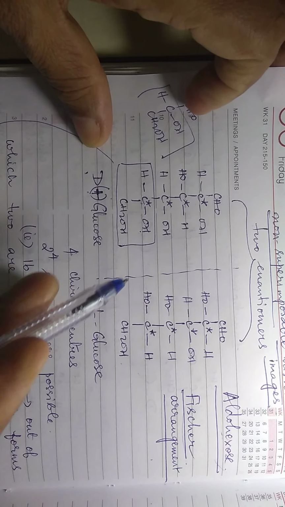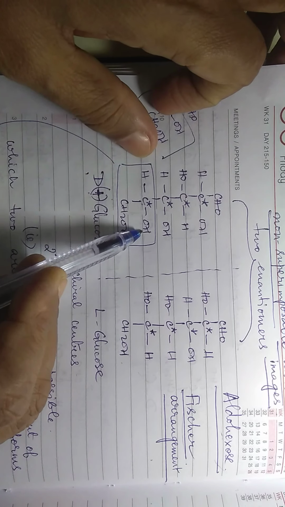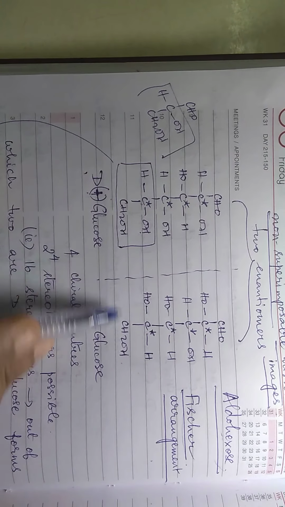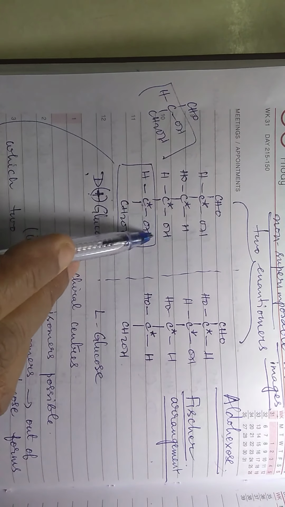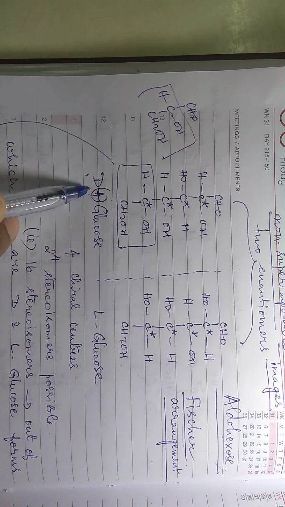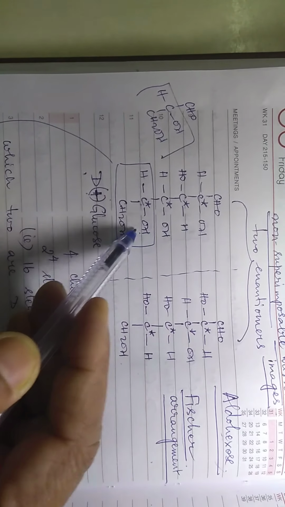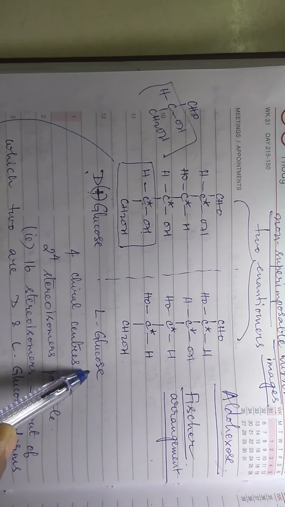There is no D minus glucose. Okay, if you write it as D minus, then only this OH will be on the left hand side. Is that clear? But if you take the full mirror image, then it is called L-glucose. Right? If you change only this position, then it is called D minus glucose. Okay? But if you completely change the whole set in terms of mirror image, then it is called L-glucose.